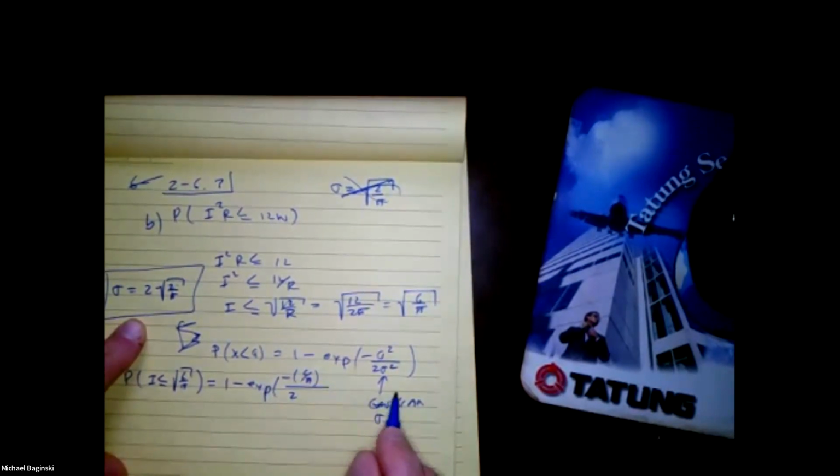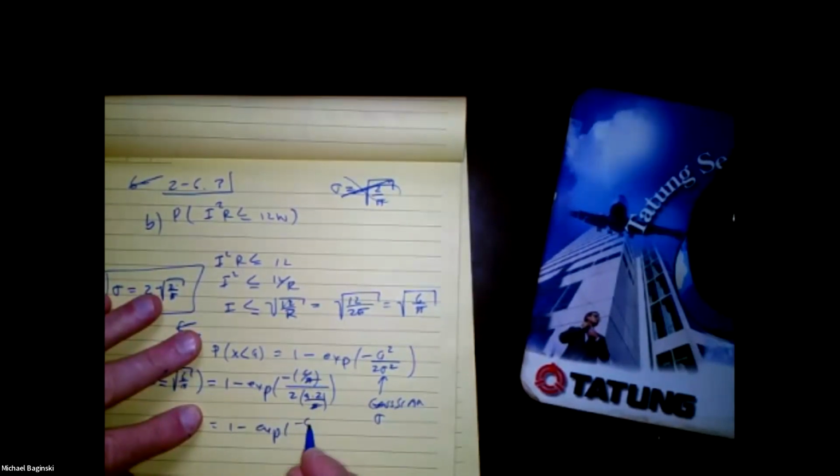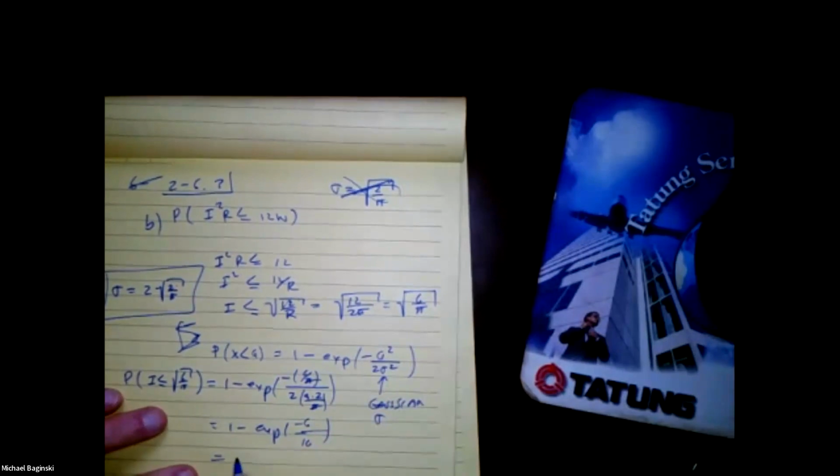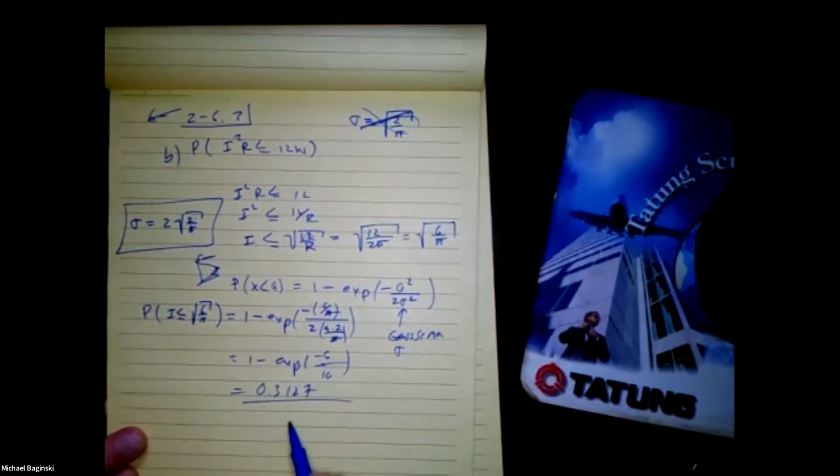If I square that, I get 4 times 2 over pi. The pi's cancel, and I get 1 minus exp to the minus 6 over 16, is that right, class? I think that's what I had, 0.03127. I think we got that in class too. And so that's that probability.